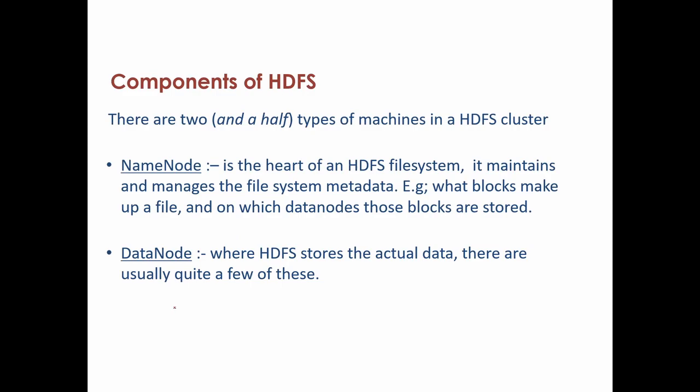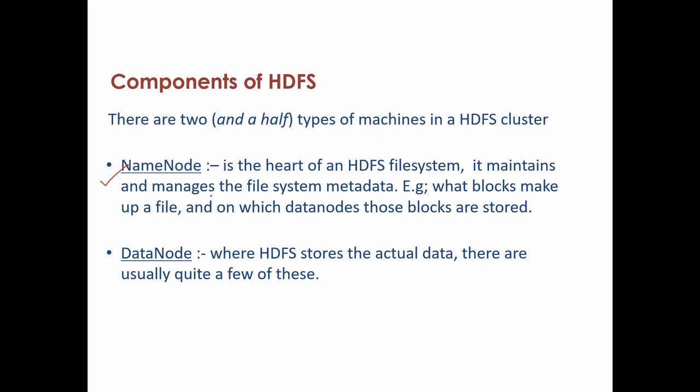Now, what does HDFS consist of? HDFS consists of two main components. These are basically programs, background tasks or daemons, which run on the machines on which HDFS is running. The first one is the name node. The name node is the heart of the HDFS file system.